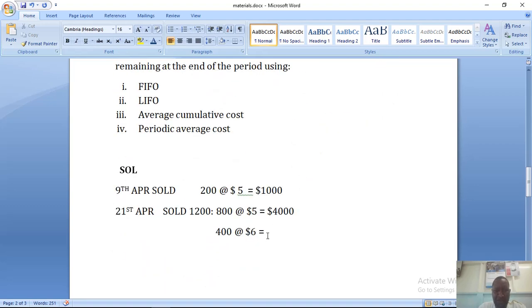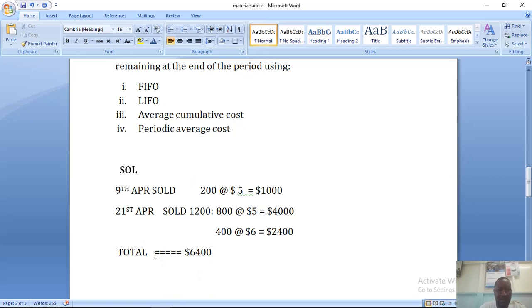So 400 by $6 per unit should give us $2,400. So the total of the issue for the 21st of April is about $6,400.